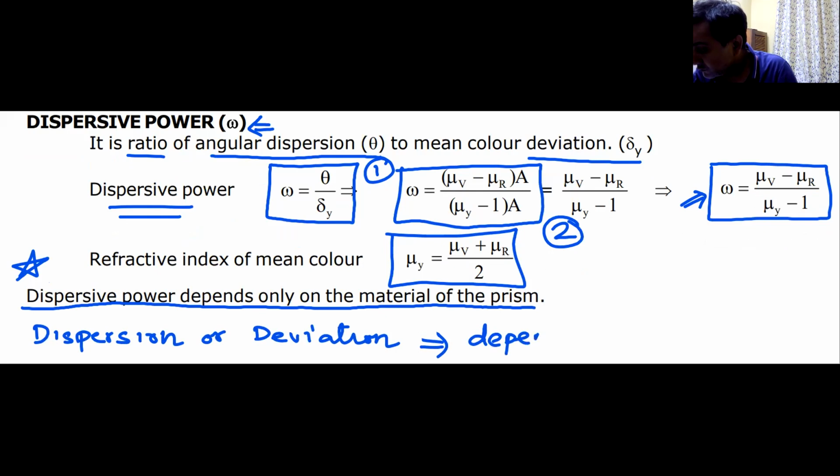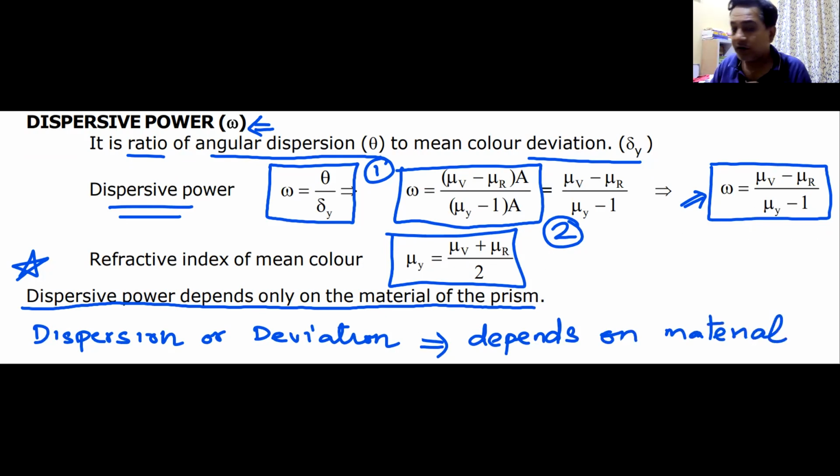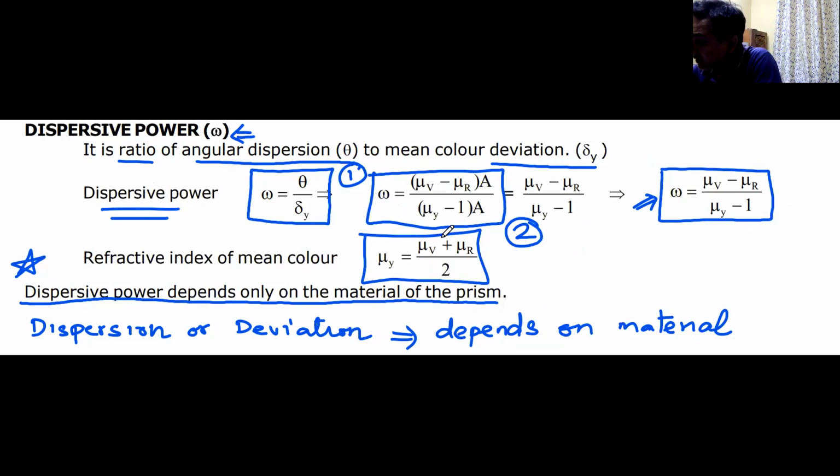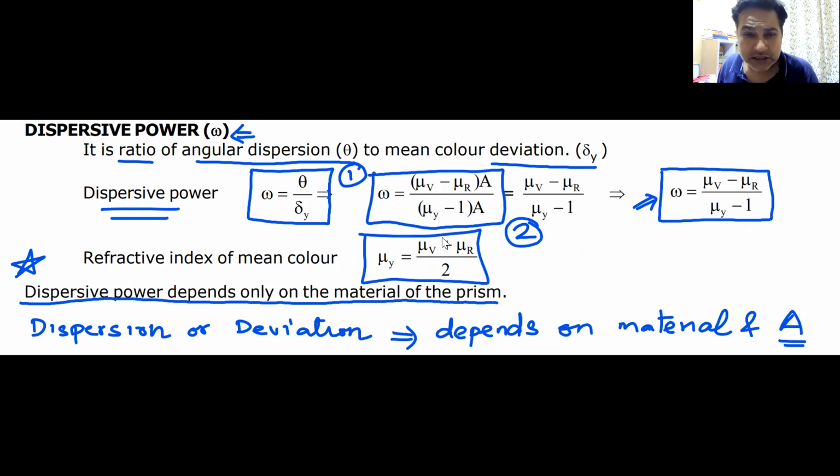It depends on the material of the prism as well as on the prism angle A, because in the formula for dispersion, we have mu V minus mu R multiplied by A. So dispersion also depends on the angle of the prism as well as on the material of the prism.